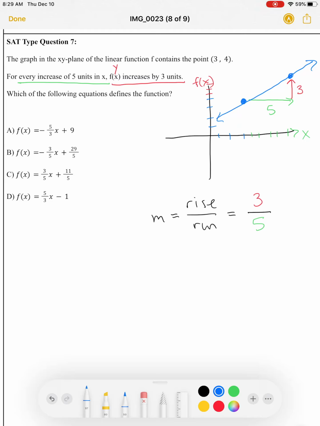Which of these equations has a positive slope of 3/5? Not A, not B, but answer C. Looking at D, it would not have been D either. So for this problem, you didn't actually have to find the y-intercept. You just needed to understand the rate of change for this linear function.